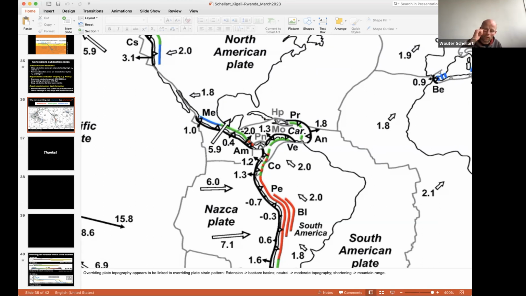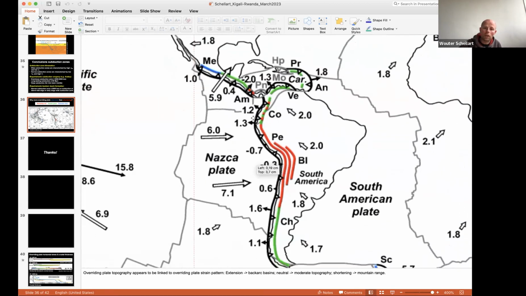But I guess it depends to a large extent on how large the gaps become between the individual slab segments. If there are significant gaps such that toroidal flow can go through these slab tears, then the Nazca slab will not behave as one major single entity, but as individual slabs, with maybe one large Nazca slab here in the south and an individual minor slab here that is broken off.